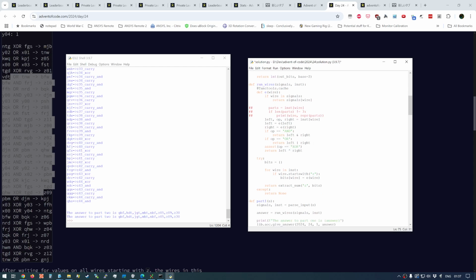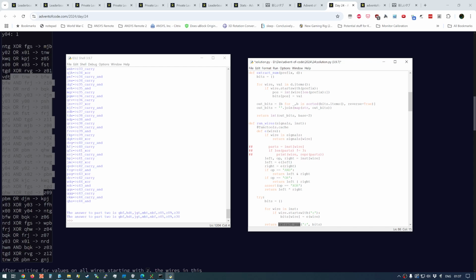So do that for every single wire that starts with Z. We'll get a list of bits, and we can run through that, sort them into the correct order based on their position, and actually put the least significant bit over on the right where it's supposed to be, and convert that to binary, which is very easy in Python. We've got a base 2 conversion. So that's all part one, very straightforward.